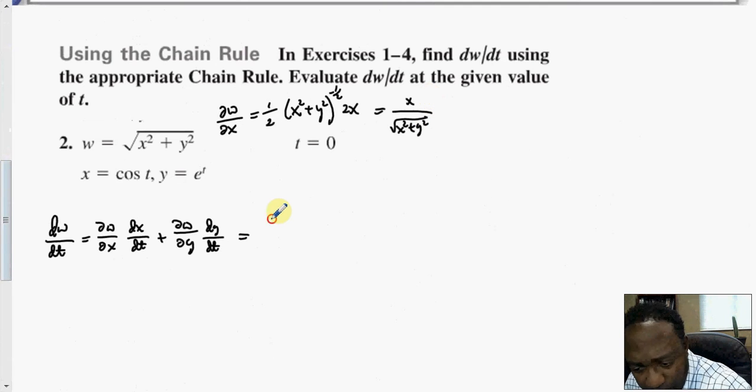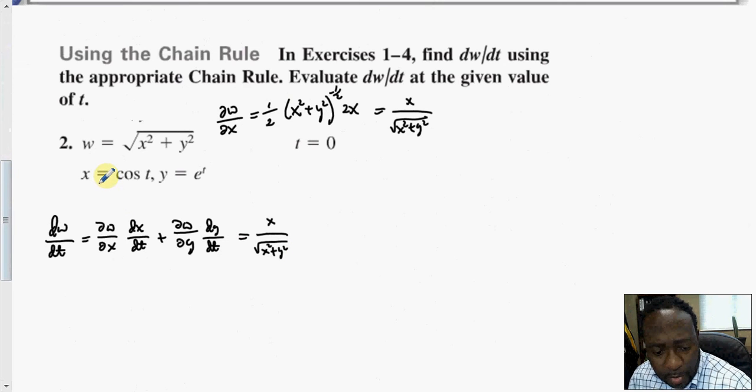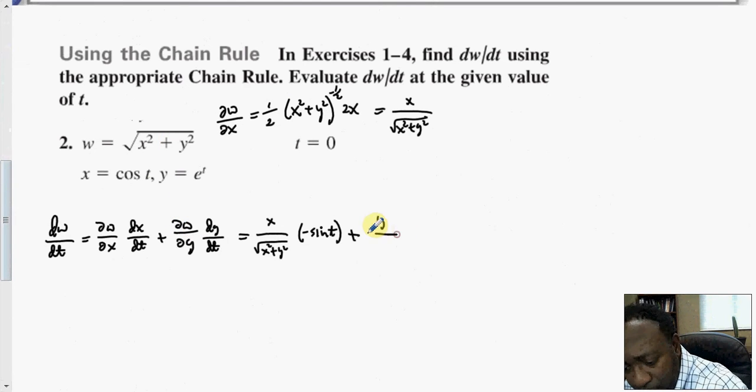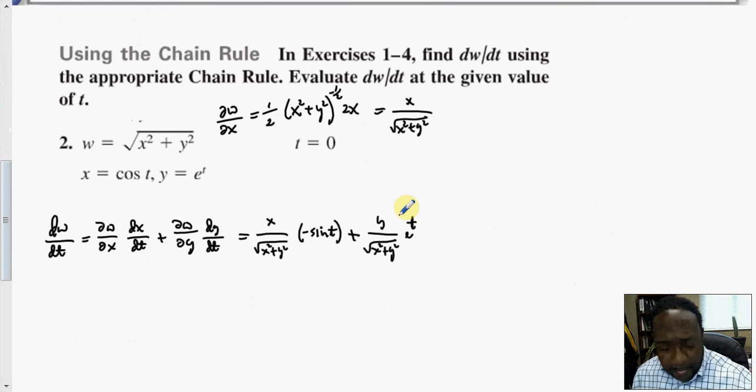We'll plug that in here: x over the square root of x squared plus y squared times dx over dt. That's just the derivative of the cosine, so we get negative sine t. Plus now the partial of w with respect to y, and x and y for w are symmetric, so this is y over the square root of x squared plus y squared times dy over dt, which is just e to the t.